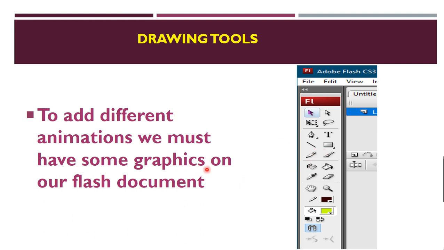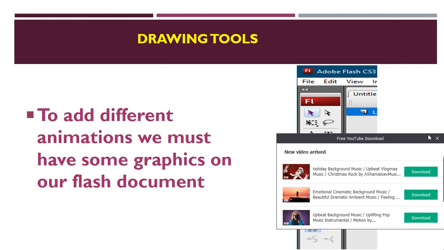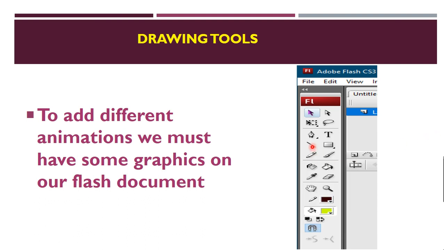Graphics can be a picture, an image, a shape, or some line that can be drawn using these tools. If we want to write something, that can be text. If we want to draw geometrical shapes, like a line, circle, square, or even polygons, we can draw them on our flash document using these drawing tools, right?